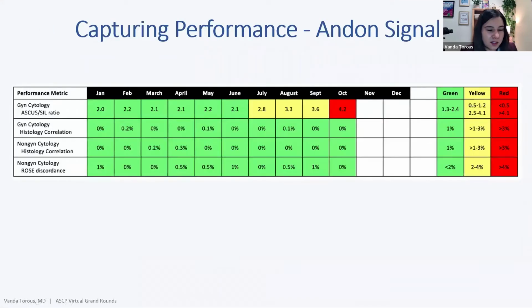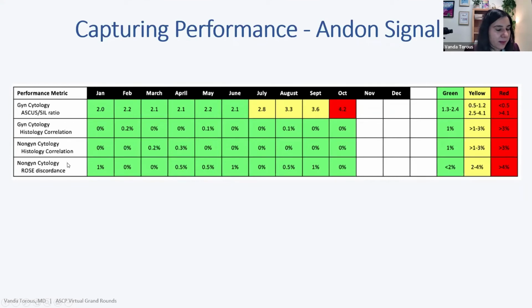So we can use these for establishing dashboards, which can help us rapidly visualize these metrics and trends in these metrics. I've included a mock example here of a dashboard that we use here at MGH, where you can see it's based on the andon signaling type of red light, yellow light, green light. So you can rapidly see if there's issues occurring over time.